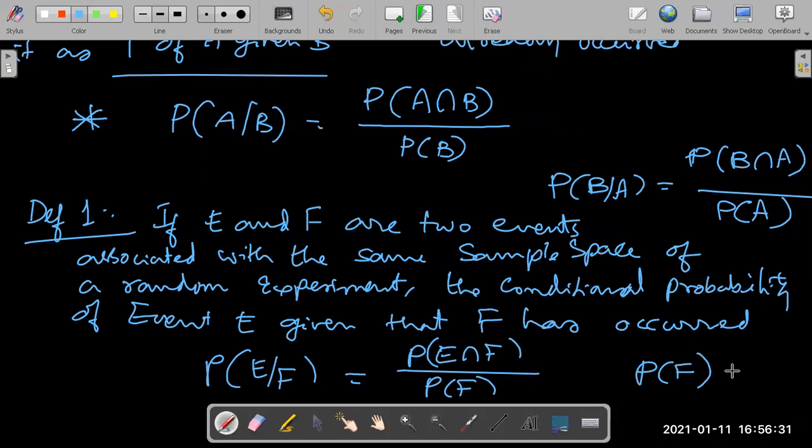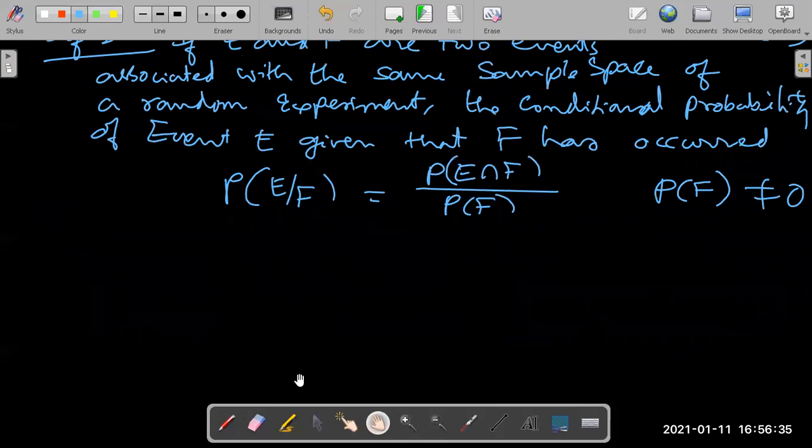Probability of F cannot be equal to 0 because I am using that as a denominator.